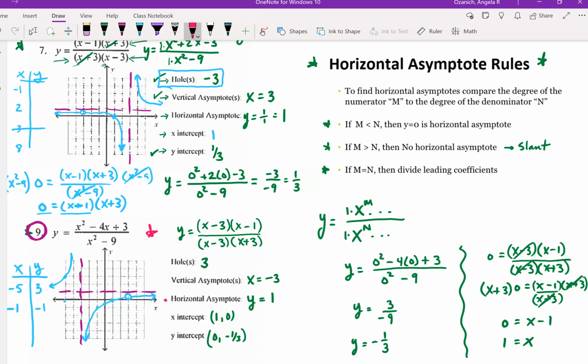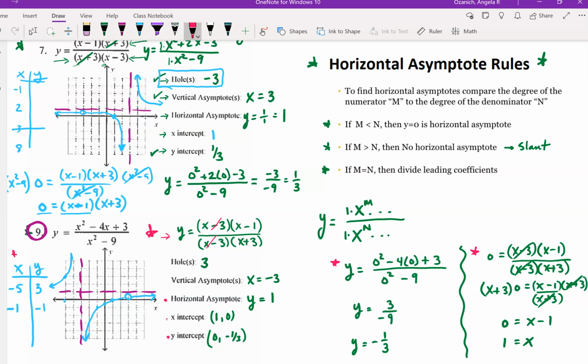I also use this straight away to find my y-intercept. You can see that calculation over here to the right. Then we go through the process of factoring, and as soon as we factor, we can see that there is a hole at 3, your vertical asymptote at -3, and then we calculate the x-intercept. Again, I set y equal to 0 and solve for that here to the right. And then you go about your graphing.